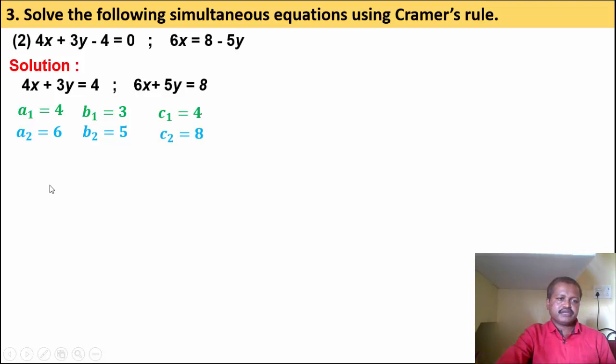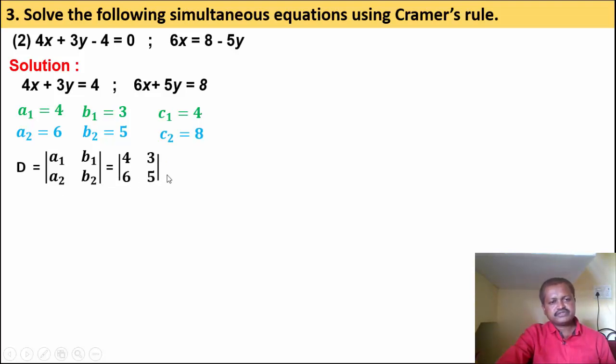Now write the determinant d: a1 b1, a2 b2, put in the values 4, 3, 6, 5. Take cross multiplication in this. So 4 into 5 minus 3 into 6. Simplify this: 4 into 5 is 20, minus 3 into 6 is 18. So 20 minus 18 is 2. So this is the value of d.